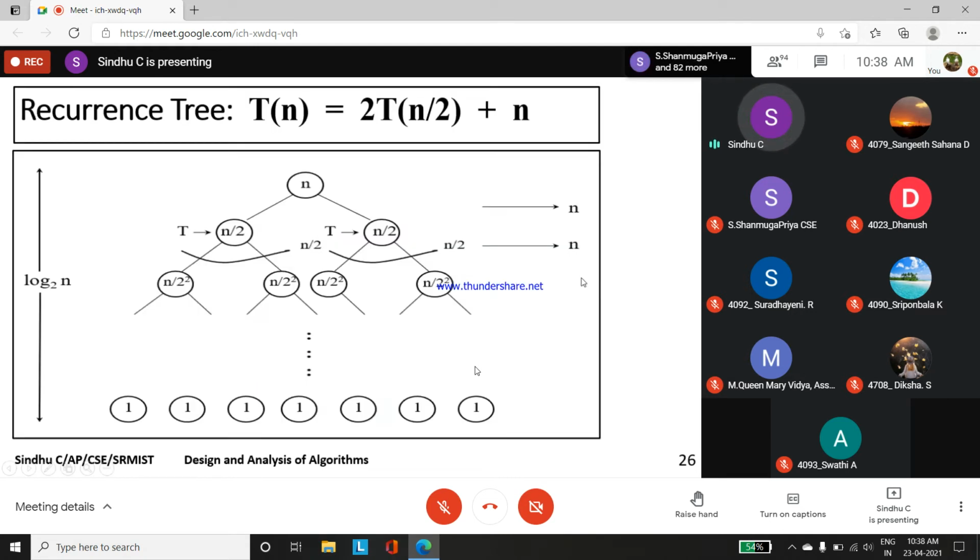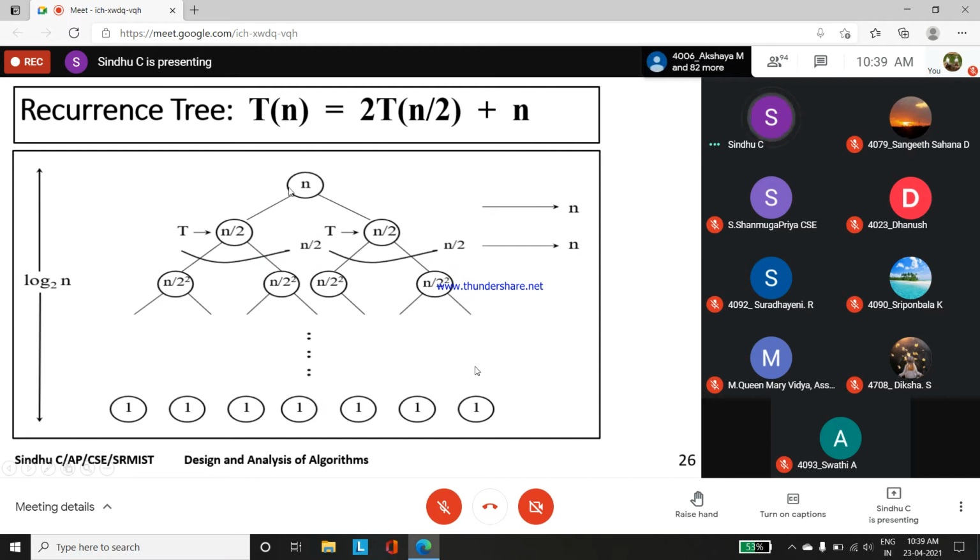I'll show you one recurrence relation. This recurrence relation indicates a divide and conquer strategy, where n is the size of the problem, and you divide it into half and solve it. So this is a recurrence tree.